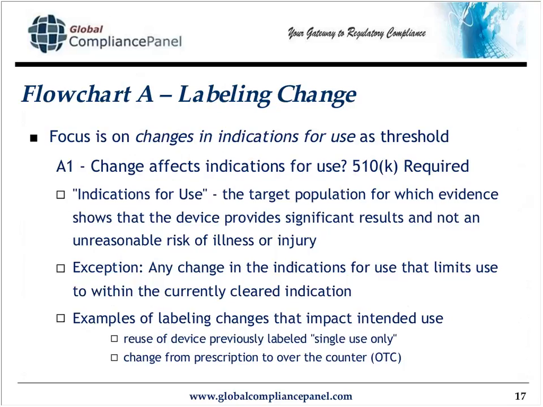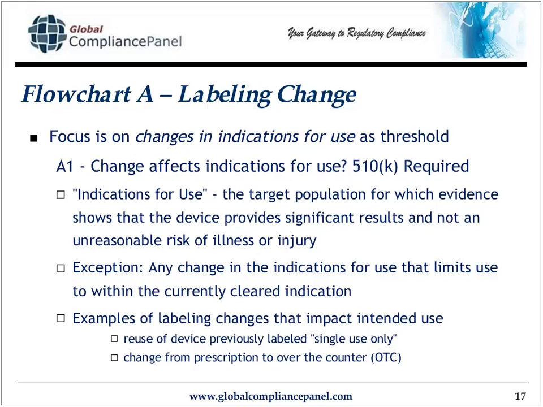The indications for use, here's a definition, and it's pretty much the target population. So anytime you change the target population, you do need to submit a new 510K, with the following exception, as it says here, if you limit the use.